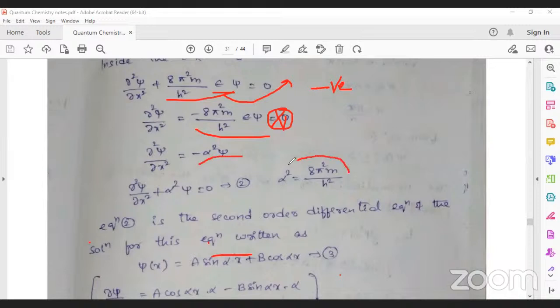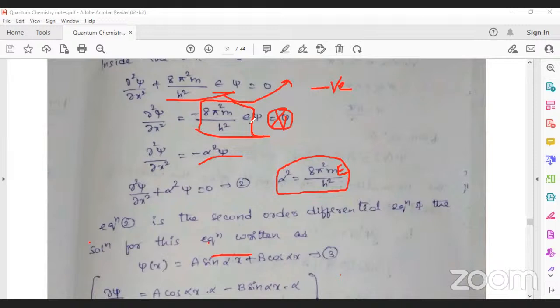Here, what is α²? 8π²m by h². So this will be there even here, E. α² means 8π²mE by h². So some little bit of errors are there, you may correct. This entire term, 8π²m by h² into E, becomes α².